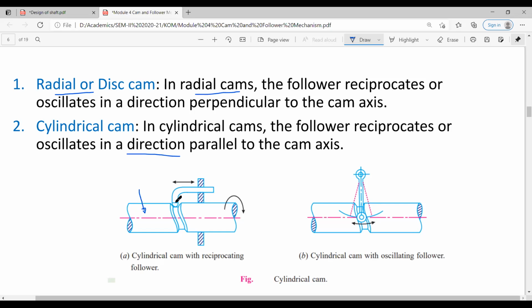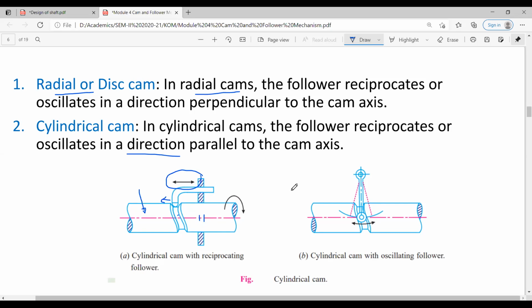So obviously this follower cannot go out of the groove. Now what will happen when this cylindrical cam rotates? At that time this follower will reciprocate in this way, meaning the direction of motion of the follower is parallel to the cam axis. It is known as a cylindrical cam.